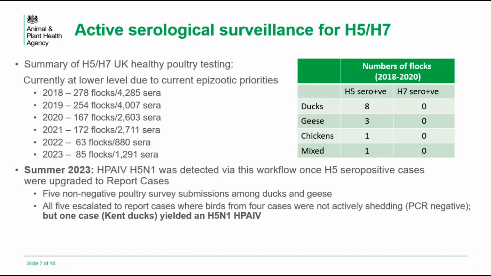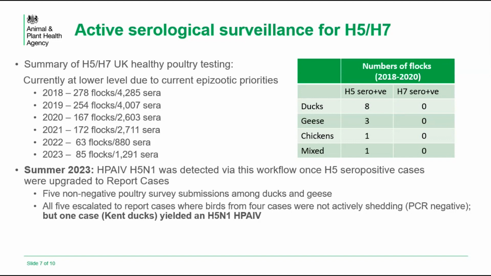But over this summer, summer 2023, we've had no less than 5. In fact, it's actually 6, as you had one today, 6 positive poultry cases. So we had the 5 non-negative poultry submissions, and they're all among duck and geese flocks. All 5 were escalated to report case status.